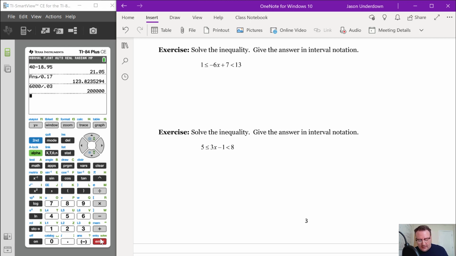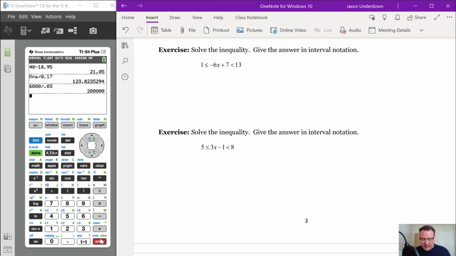You could think of it as 1 is less than or equal to negative 6x plus 7, and negative 6x plus 7 is less than 13. But really the simplest way to solve a compound inequality like this is just to do the same thing to all three parts of the compound inequality.